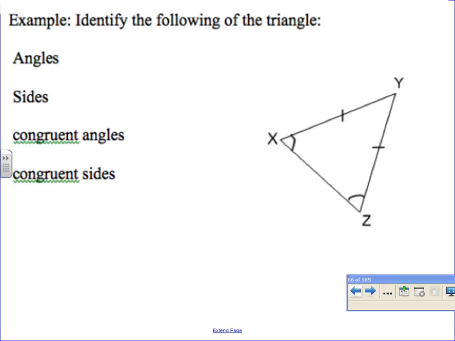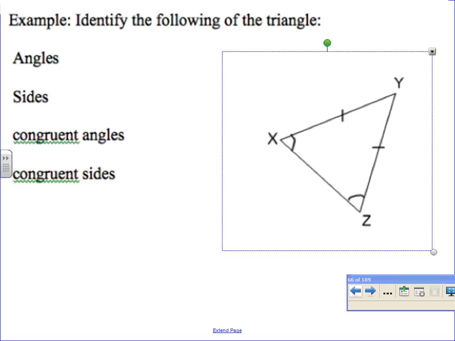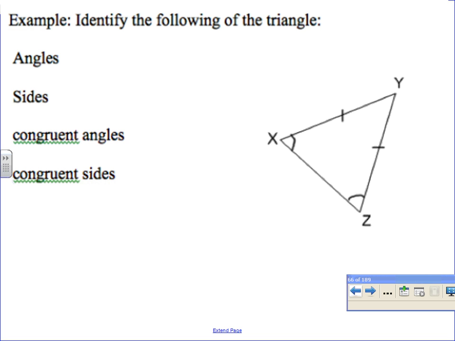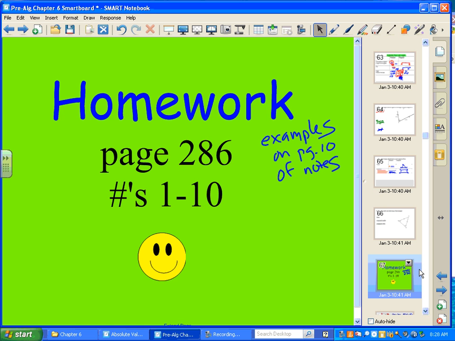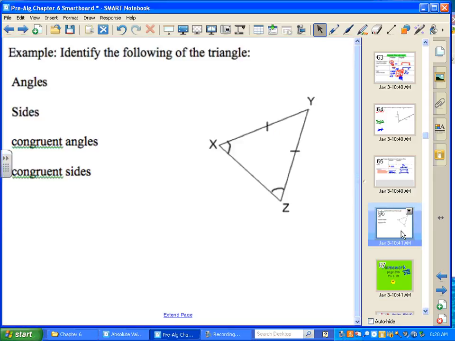Which one would the vertex be? They're all vertices. You have to name this one, and this one. Okay? Just like that example we did. No. Angle Z is the same thing as angle XZY. Z has to be in the middle. Okay.